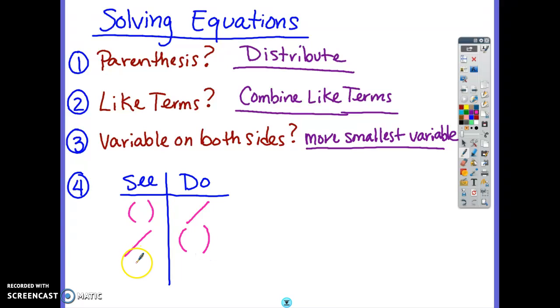Is your variable adding? You subtract. And is your variable subtracting something? Then you add. But when you get to this step, just know that when we solve equations, we solve them backwards. So on this see-do chart, we're going to be working from the bottom up. So first, you write down everything that you see, and then we're going to do everything opposite, starting from the bottom up. And I'm going to work some problems with you so you won't get confused.